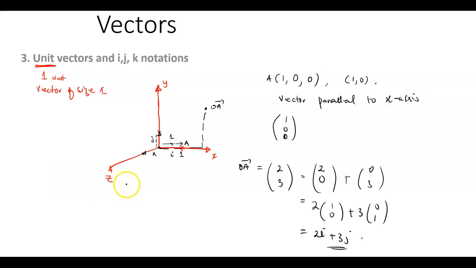If I have any other point, say my point OB is 4, 6, -5, it means that in the unit vector form, it is 4i plus 6j minus 5k. All it means is that you have 4 units along the x-axis, 6 units along the y-axis, and -5 units along the k-axis, or along the z-axis. That's the i, j notation.